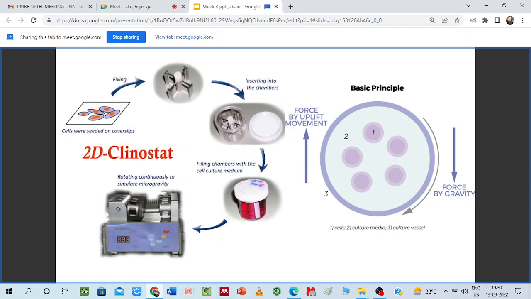But why do we need this? Yes, one reason is plant cells. Someone answered, to study the plant cells. Yes, it is rotated mechanically.